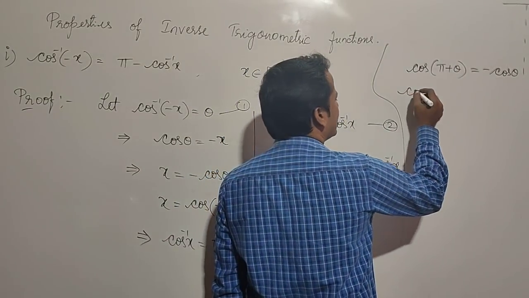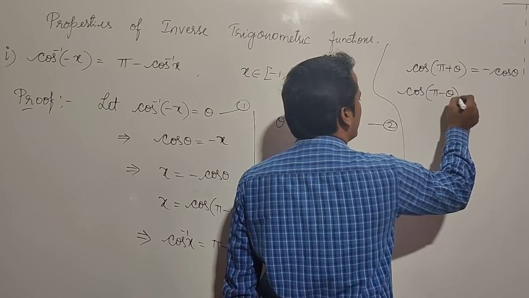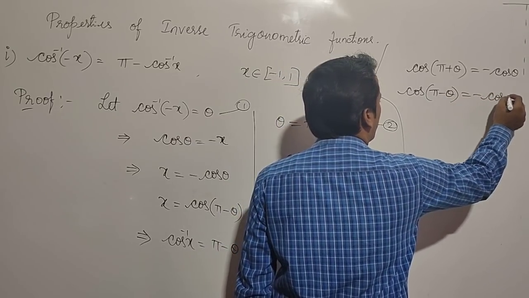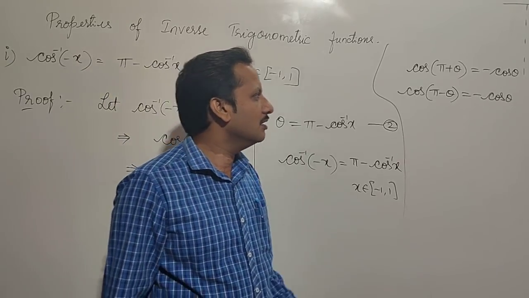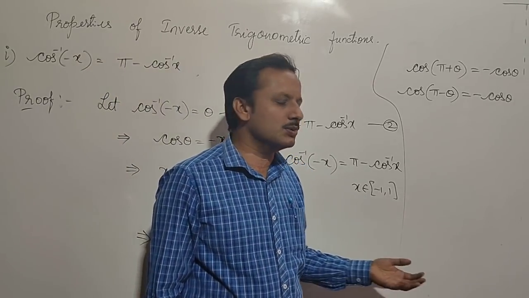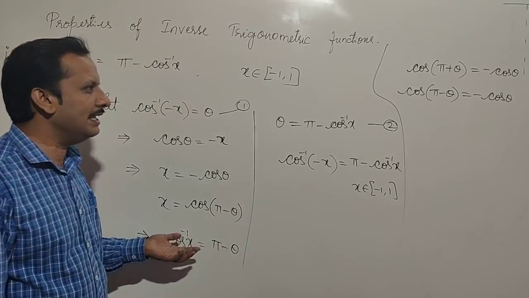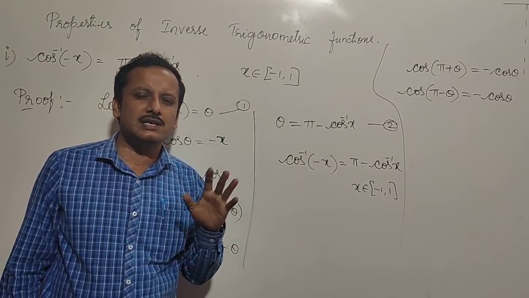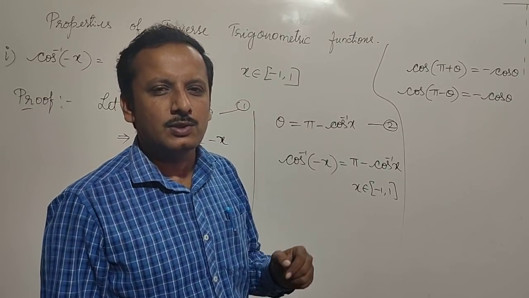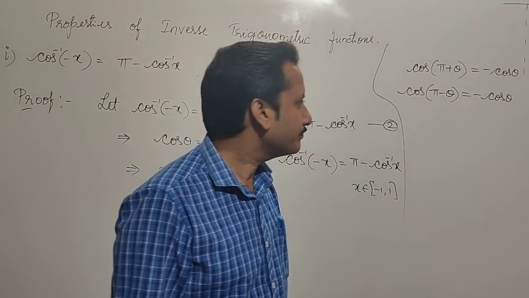Cos pi minus theta is also minus cos theta. Both are equal to minus cos theta only. Then also, why did I choose cos pi minus theta only? Why not cos pi plus theta? That doubt some of you may be having, so I will clarify that doubt now.